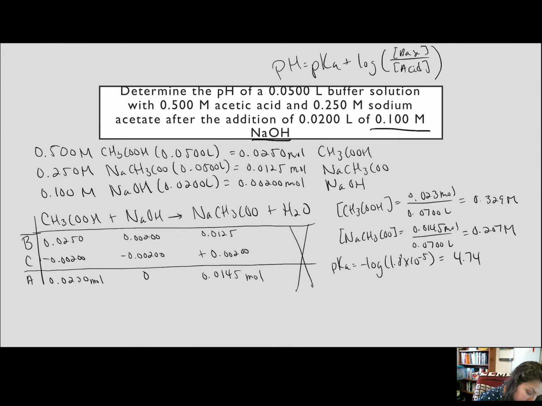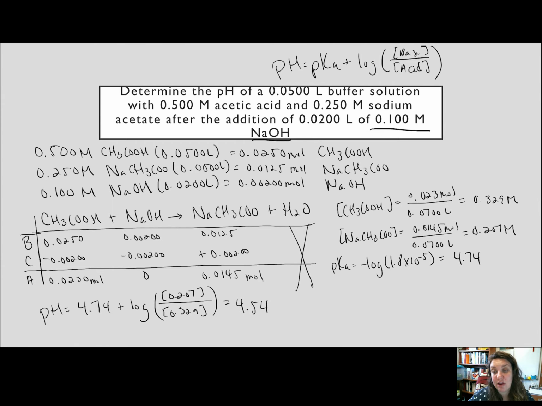So pH is equal to our pKa, 4.74, plus log base concentration, 0.207, divided by acid concentration, 0.329, giving us 4.54 as our pH.